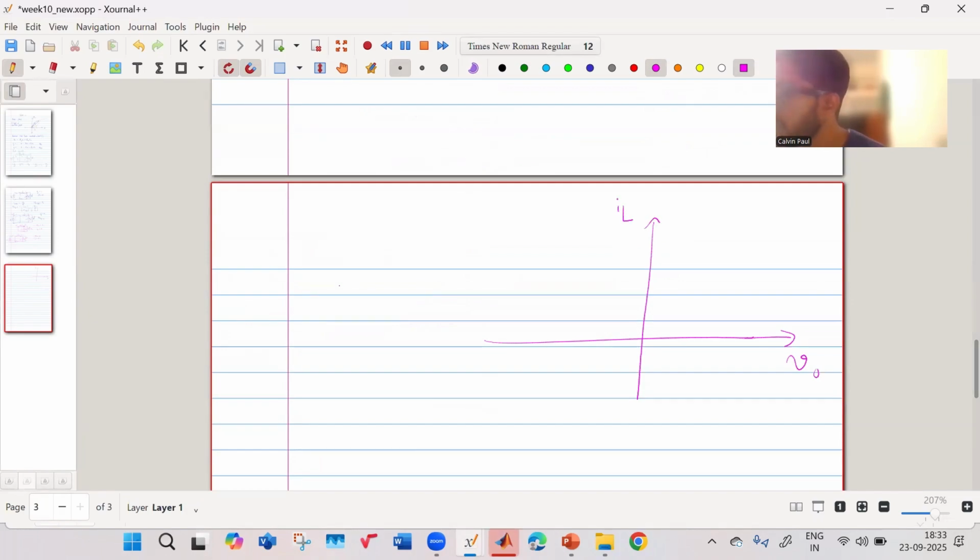So the equilibrium point when Q equal to 1 was this, right? It was V in over here, and this is your V in upon R. So this was your equilibrium point when Q equal to 1. And your equilibrium point when Q equal to 0 was this, right?